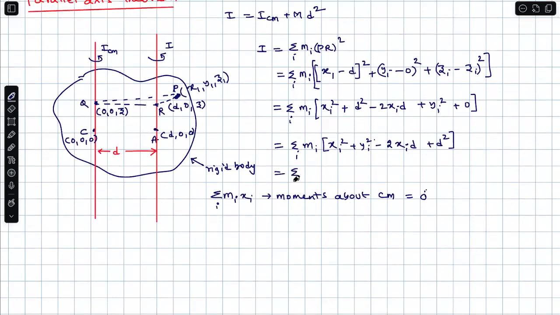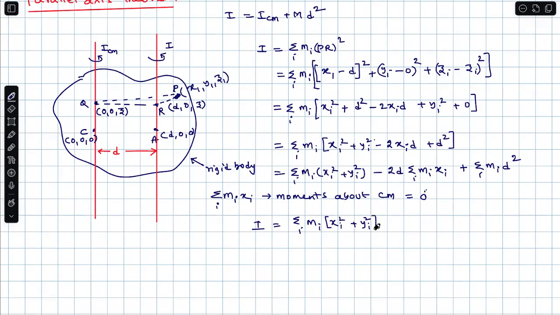Already, this can be written as sigma m_i times x_i square plus y_i square, minus 2d times sigma m_i x_i, plus sigma m_i d square. So therefore, I can be written as sigma m_i times x_i square plus y_i square, minus 0. Why? Just now I have proved this is 0. Plus sigma m_i times d square.